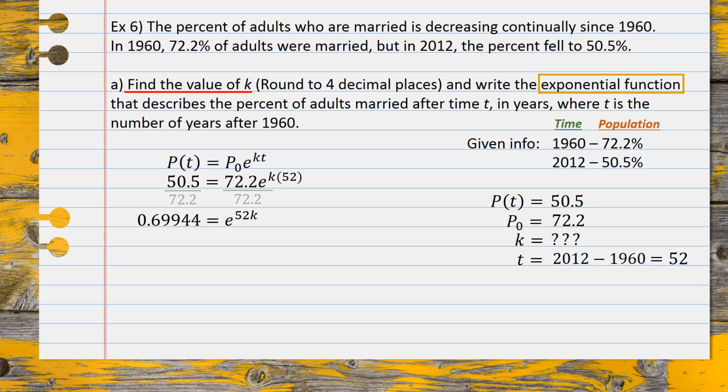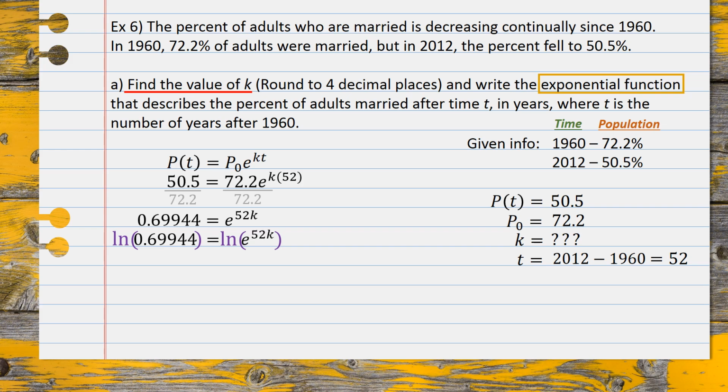Now, notice our variable is still trapped as an exponent, so we have to remember what tools and tricks can we use to get it out of the exponent? Well, that would be taking the log of both sides of the equation. In this case, because we have an e, we don't want to use the common log. Instead, we want to use the natural log of both sides.